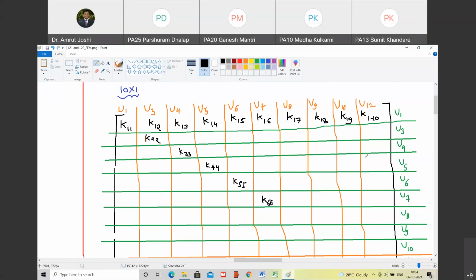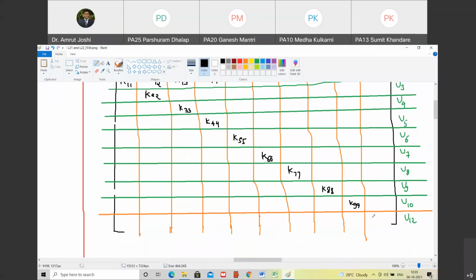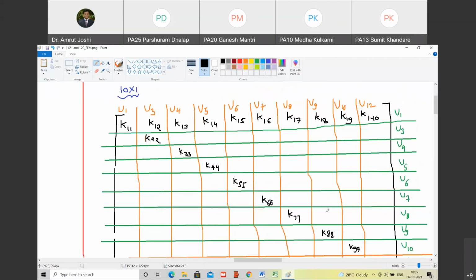No, we did something wrong. K77, K88, K99. And the last element is K1010. Happy? 10th row, 10th column. Are you with me?